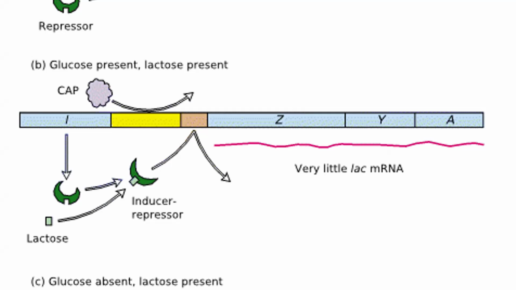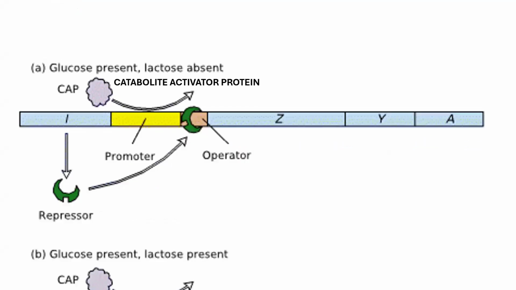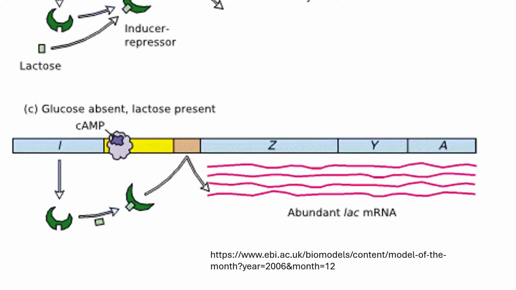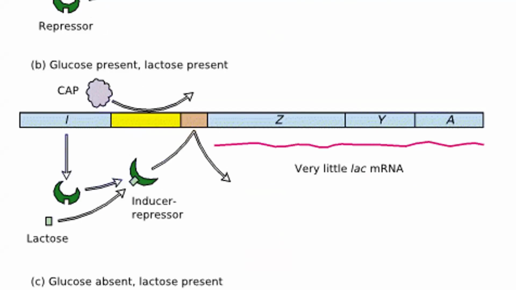Okay. And so you have, when lactose is present, lactose through the CAP, binding the inducer repressor causes its release. So you see that there's a little piece of lactose there that actually binds to it. So you end up with very little mRNA when glucose is present and lactose is present.